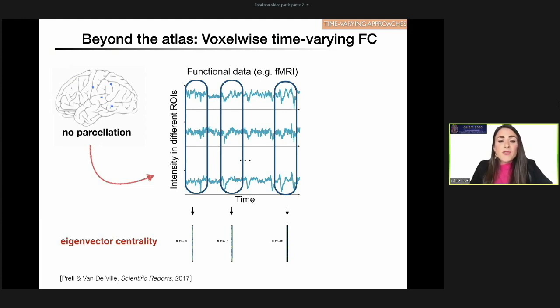These eigenvector centralities would represent a rank 1 approximation of functional connectivity, as they are the dominant patterns, basically, of functional connectivity, only given by the one dimension, only the first eigenvector.